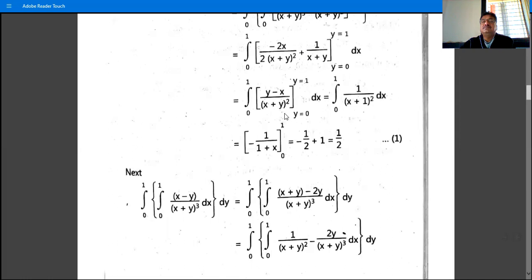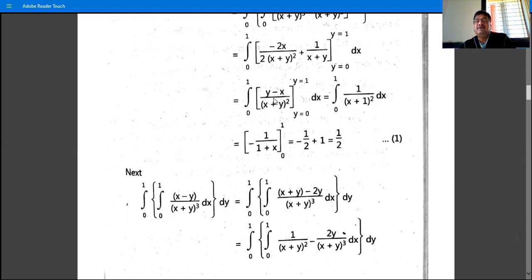If we substitute y as 1, we have the answer minus x divided by (x+1) bracket square, and if we substitute y as 0, we have minus x divided by x square, that is minus 1 by x. Then minus minus 1 by x becomes plus 1 by x, and taking the LCM as x into (x+1) square, we have this answer.